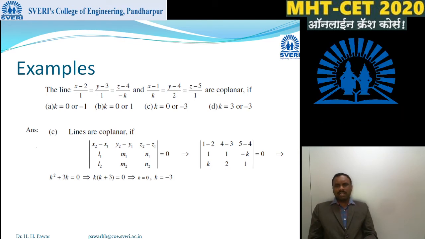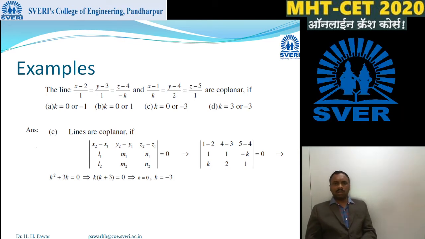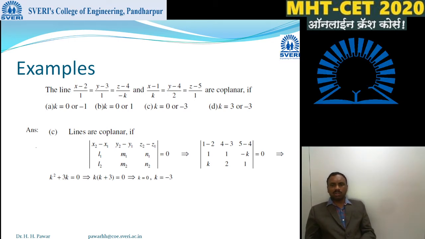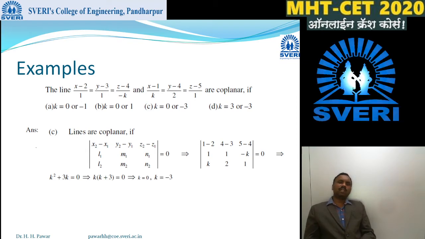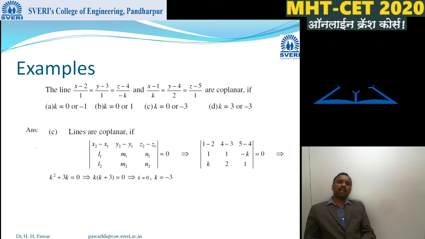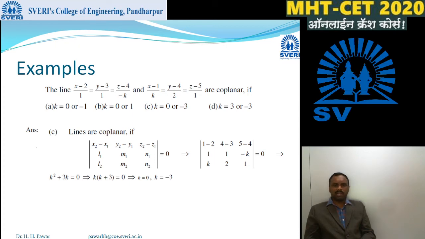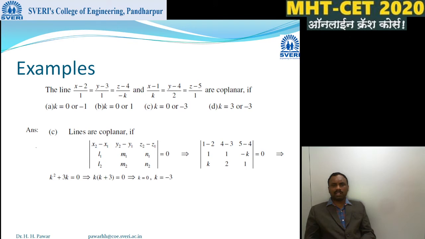So here first find out points and direction ratios of the lines. For the first line, (2, 3, 4) is the point through which the line passes and direction ratios are 1, 1, minus k.